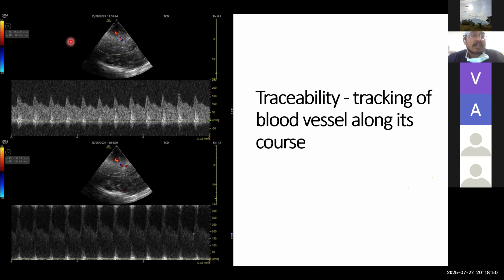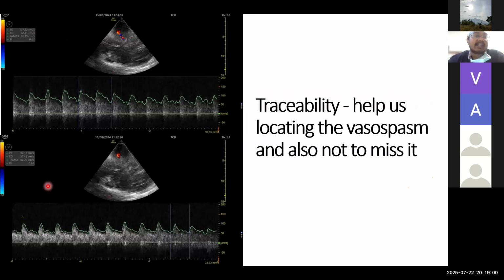So you can see at the starting point of proximal MCA, it is 158. Now this is 337 peak systolic velocity. And as I move more distally, you can see again the peak systolic velocity is around 127. And at the distal bifurcation of M1 into M2, you can see that the velocities are normalized.